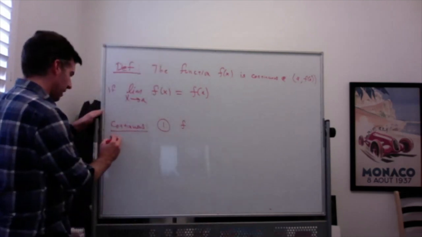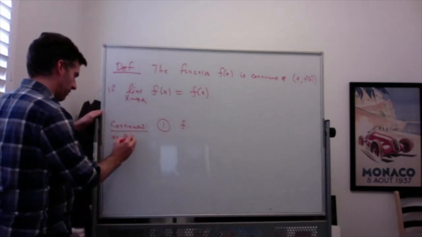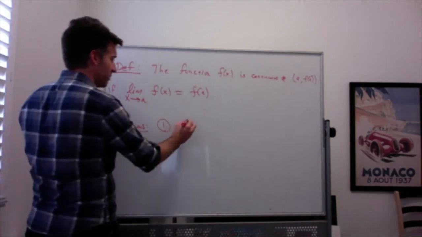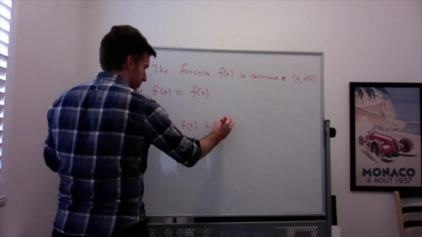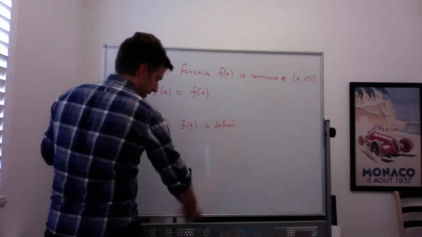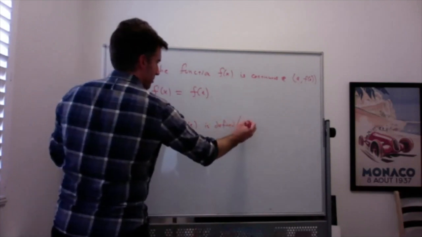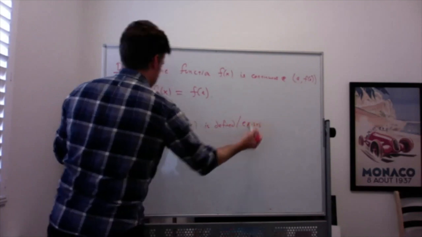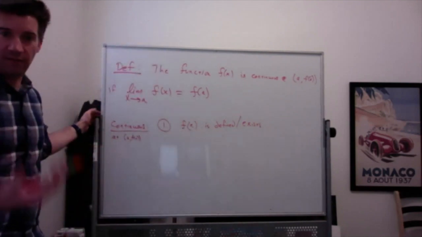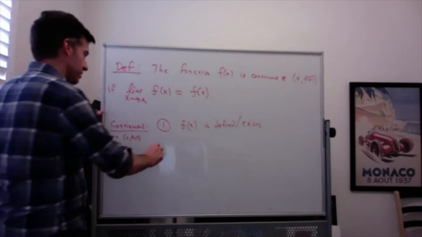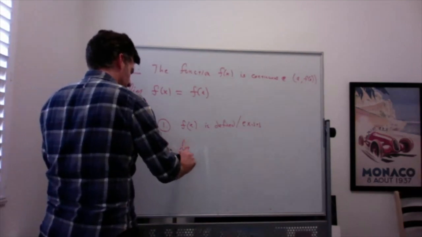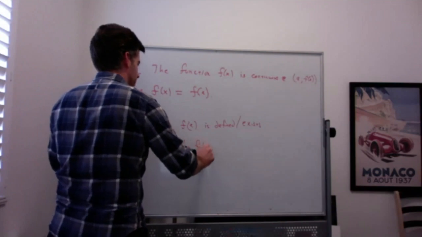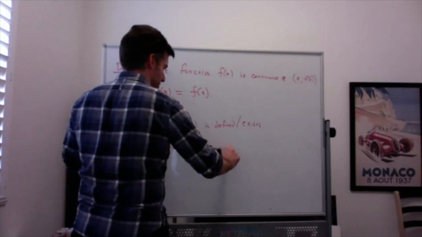Continuous at the point a comma f of a. So the first thing we need is that f of a has to be defined, or exists, I should say. So to be continuous, f of a has to exist. The second thing that has to be true is that the limit as x approaches a of f of x must exist.